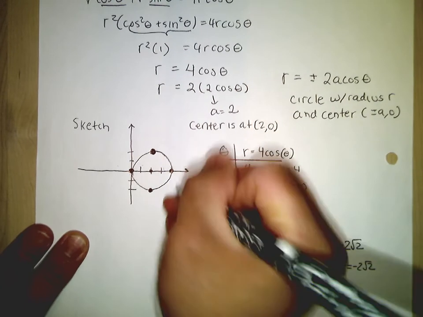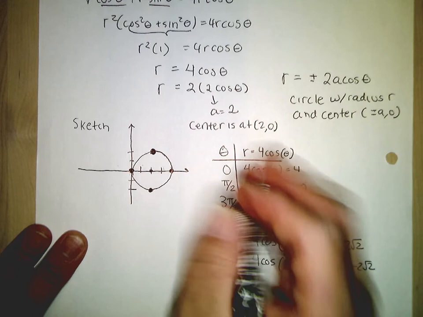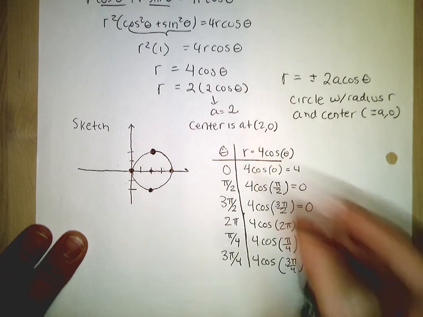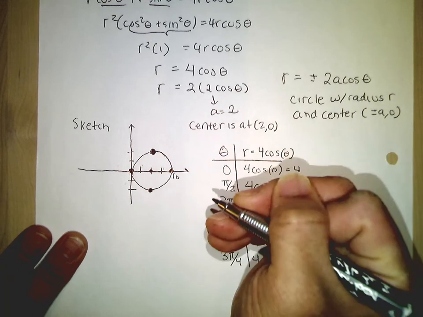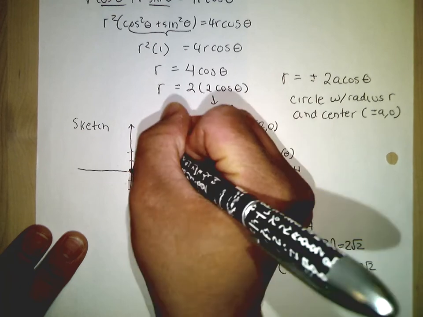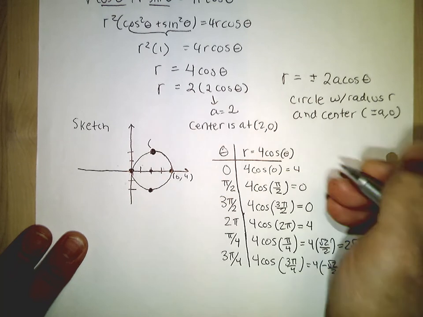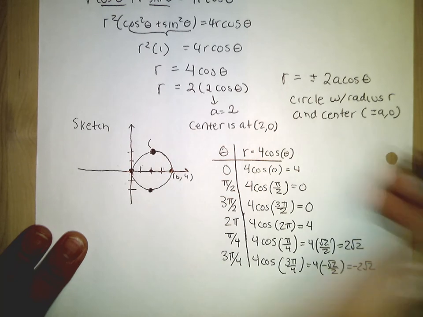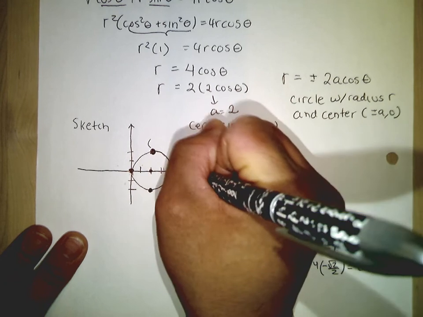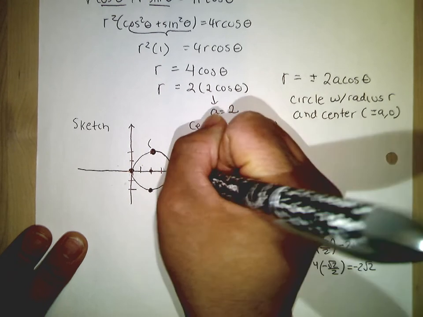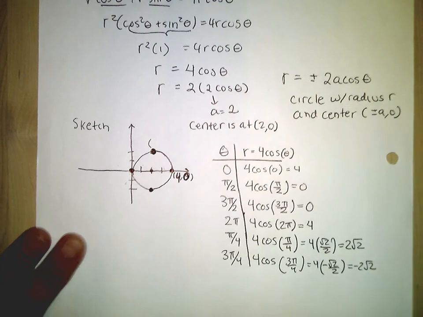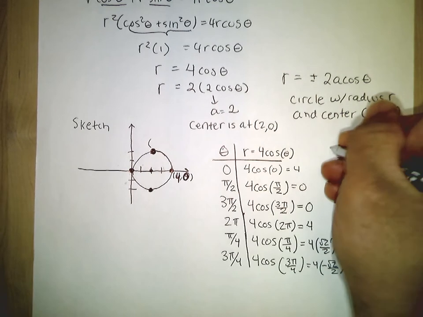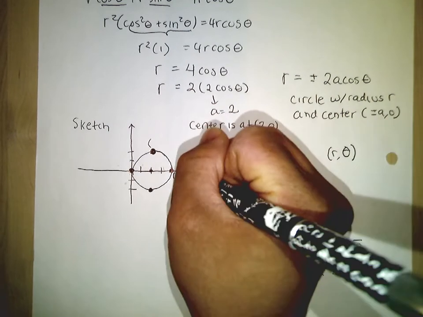So again, let's recap. In polar coordinates, this was the point 4, 0, because remember, we want r, theta.